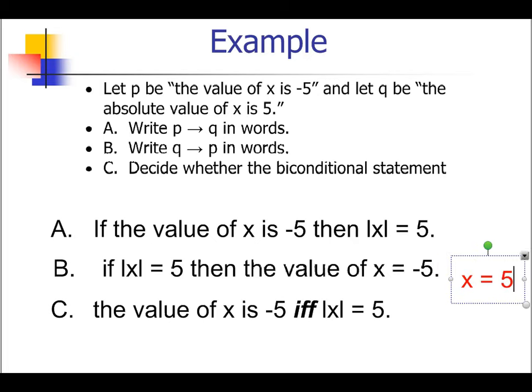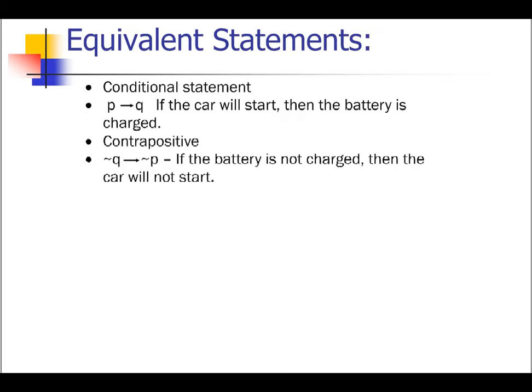Okay, there's a counterexample. It makes the hypothesis true, but the conclusion is false. So that's a counterexample that proves it to be false, so we can't have a biconditional, since the statement and its converse are not both true.